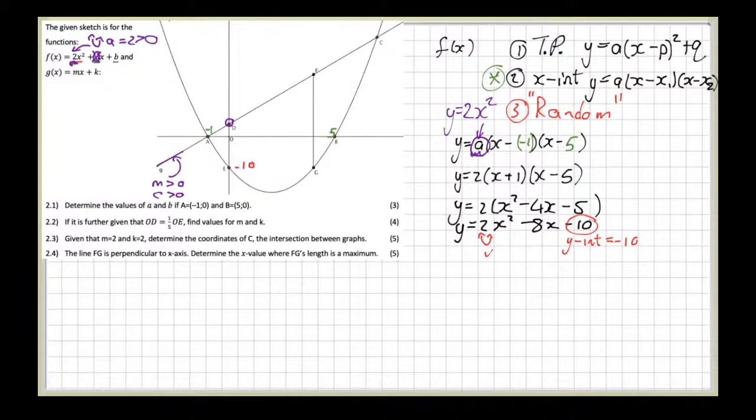Now it says there, it is further given that OD, so that length there, is 1/5 of OE. So if OE is 10 units, that means that is 2 units. Why? Because it's 1/5 of 10.